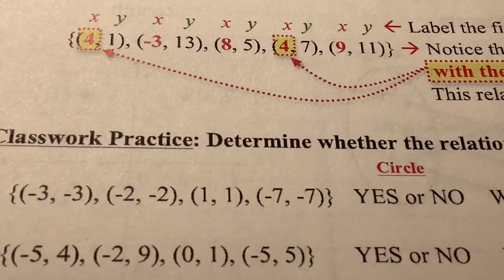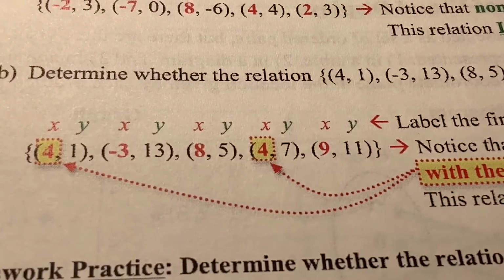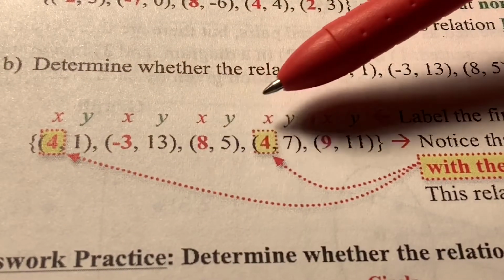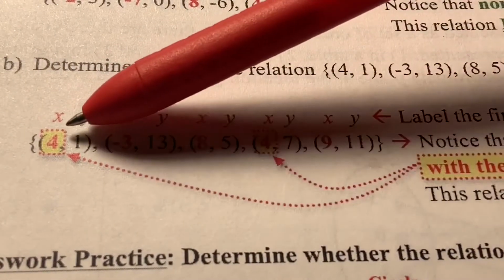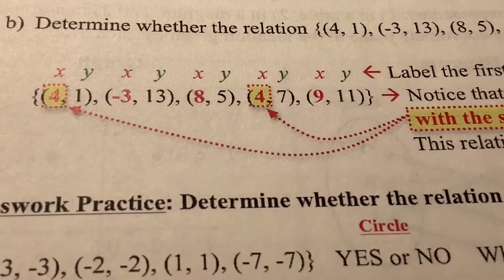And one more thing, remember, don't worry about the y's. We only care about the number that appears first in the set of coordinates. The y does not help us to determine whether the relation is a function. Only the x does, okay? The domain is what we care about, not the range.